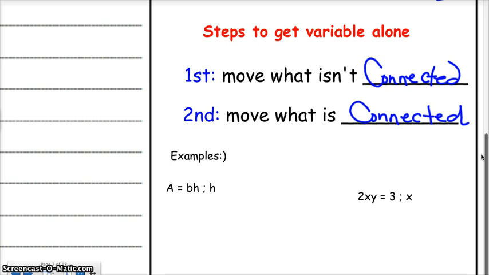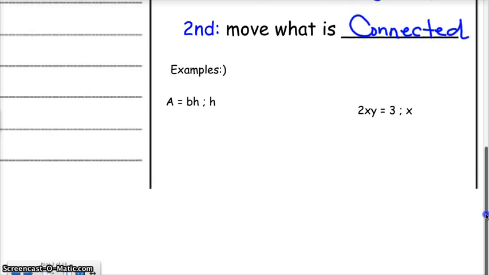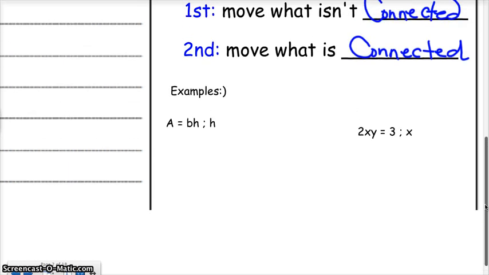Now I'm going to do an example. I have a formula over here: A is equal to base times height, and I want to solve it for h. That means I want h by itself. I know that I need to solve for h because this semicolon right here means solve for.